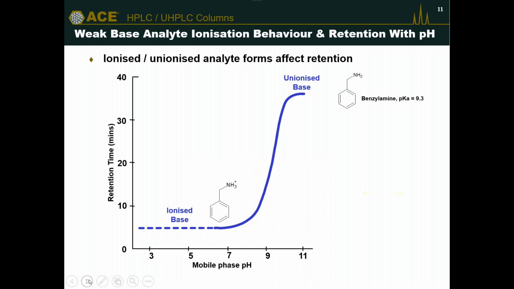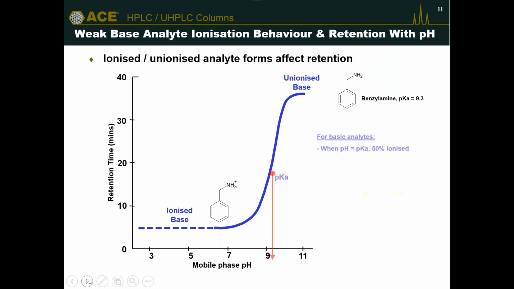When we go back to basic chemistry theory and we look at titration curves, there are obvious reasons why it's better to look at low pH for acids and high pH for bases. And this is clearly demonstrated in this titration curve. Along the x-axis, you can see the mobile phase pH, and along the y-axis, the retention time of this basic compound.